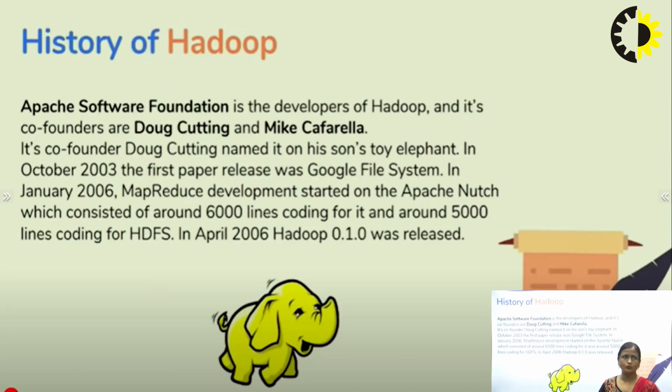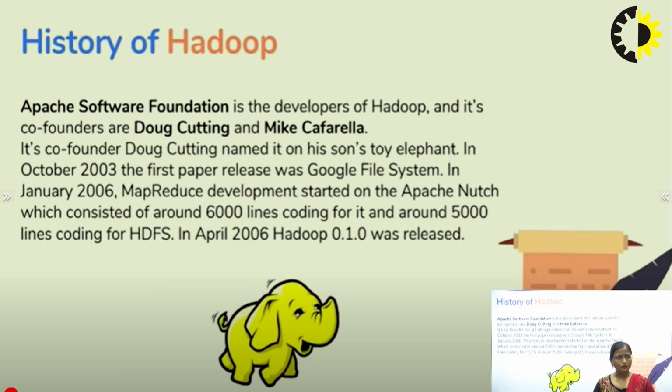History of Hadoop. Here Apache is the organization which took over the concept of Hadoop, so the Apache Software Foundation is the developer of Hadoop, and its co-founders are Doug Cutting and Mike Cafarella. Doug Cutting named it Hadoop because of his son's toy elephant.